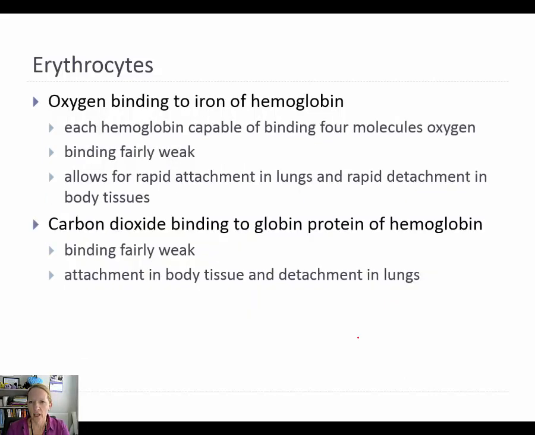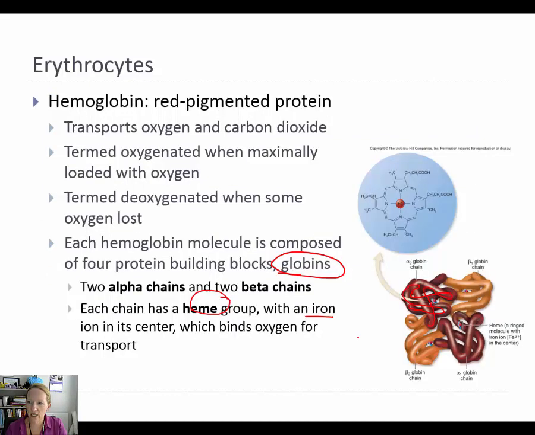So if we take a look at the hemoglobin, let's go back and take a look at how many oxygens one hemoglobin can attach. 1, 2, 3, 4. So one single hemoglobin can bind 4 oxygen molecules. All right, let's think back to how many hemoglobin molecules are in one single red blood cell. About 280 million hemoglobins.